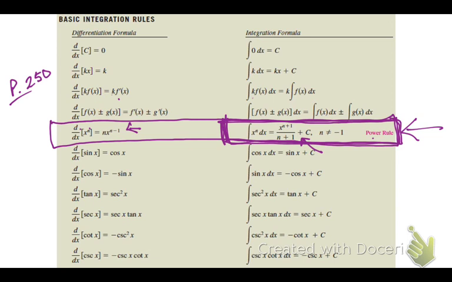Because when we went one direction, we did the same thing. You'll see why. Because you have to worry about the coefficient in front. And you have to go backwards from it.